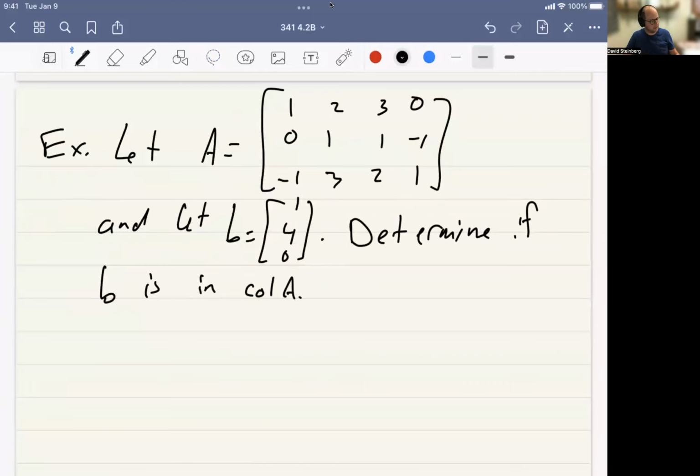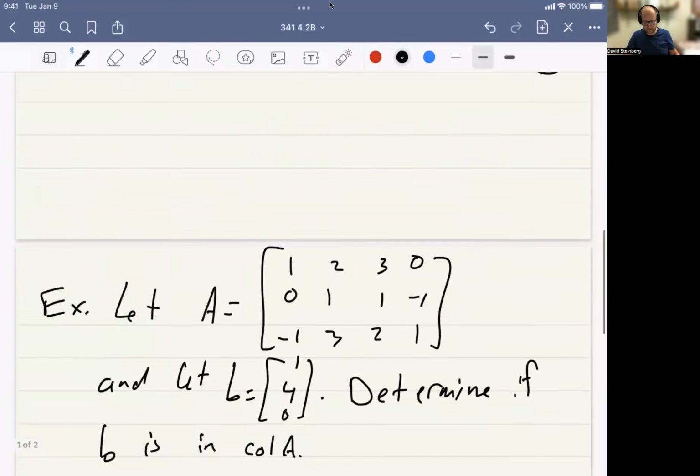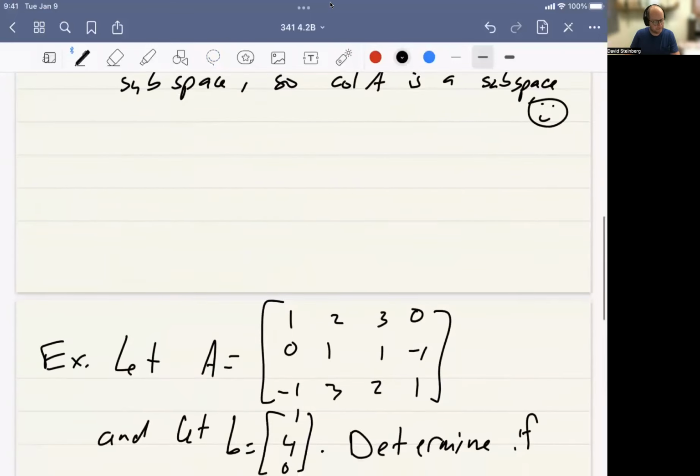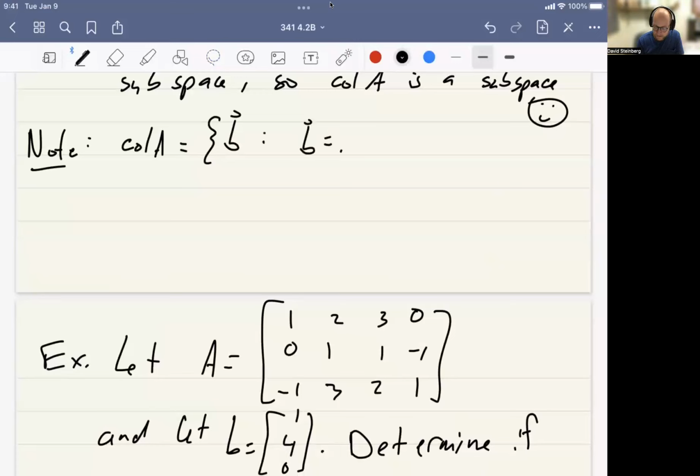Okay, and as always, let's go over an example to make this more concrete. Oh, there were a couple of notes first. Note another way of writing the column space of A is saying it's the set of all vectors b with the property that b is equal to Ax for some x in Rn.